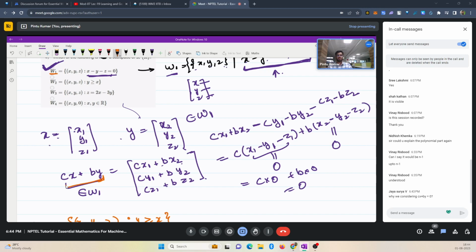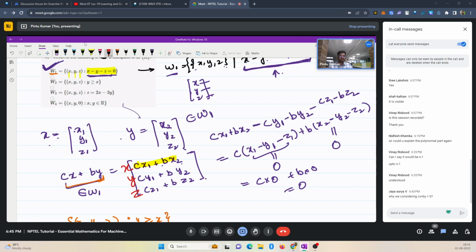So what was the property of W1? The property of W1 was that x minus y minus z should be equal to 0. So if we have first element, second element, third element as x, y, z, then x minus y minus z should be equal to 0. We calculated the first element of Cx plus By, which is x, then y and z.